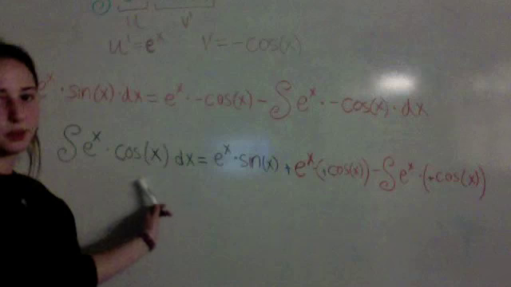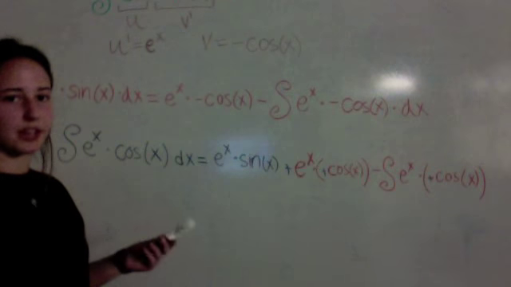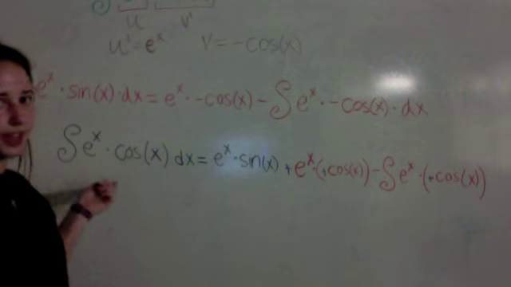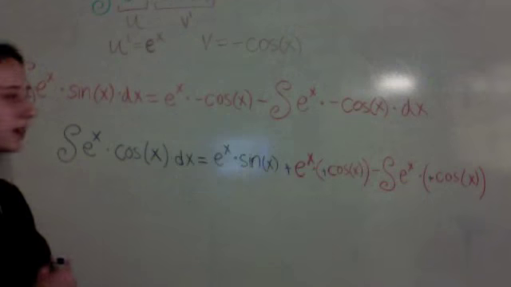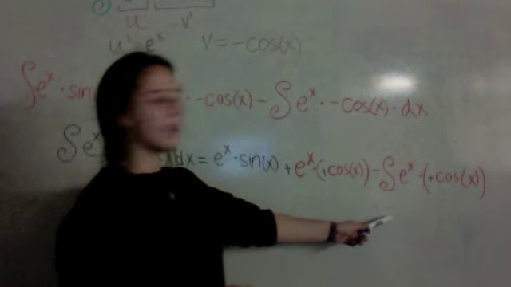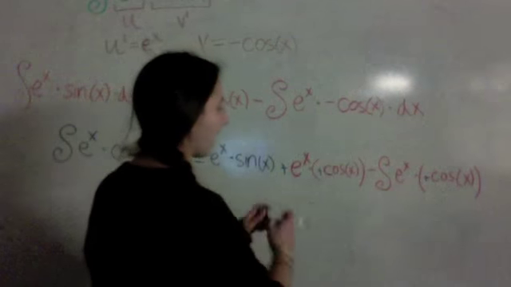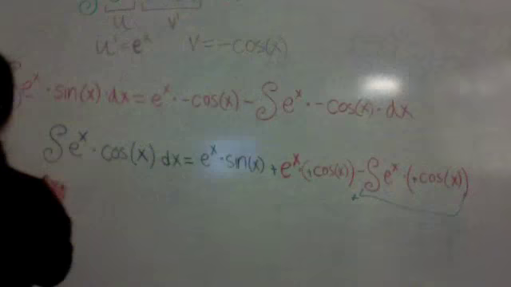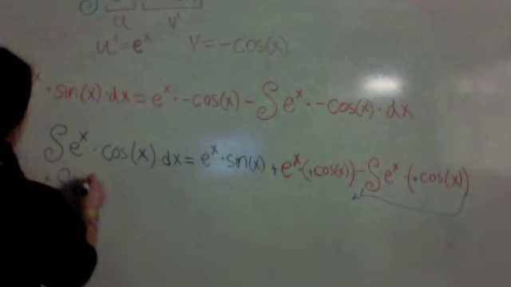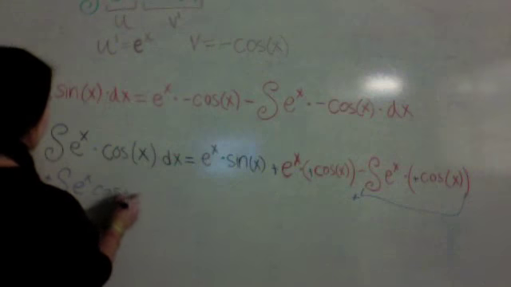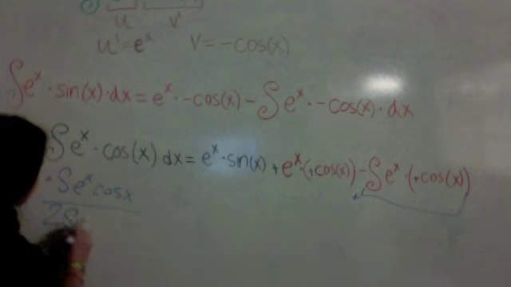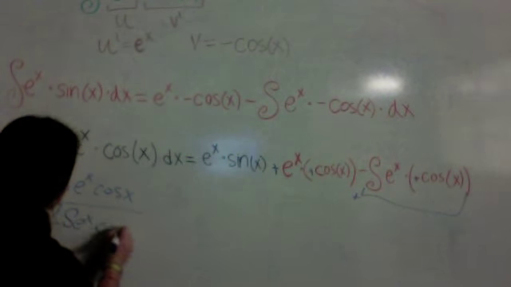So now that I made the similarity of having the integral of e to the x times cosine on both sides of the equation, I'm just going to do a basic algebra problem, like solving for x, but in this case, solving for the integral of e to the x times cosine x. So what I'm going to do is I'm going to come back over here, and I'm going to add this part to both sides. So this would end up being 2 integral of e to the x times cosine x.